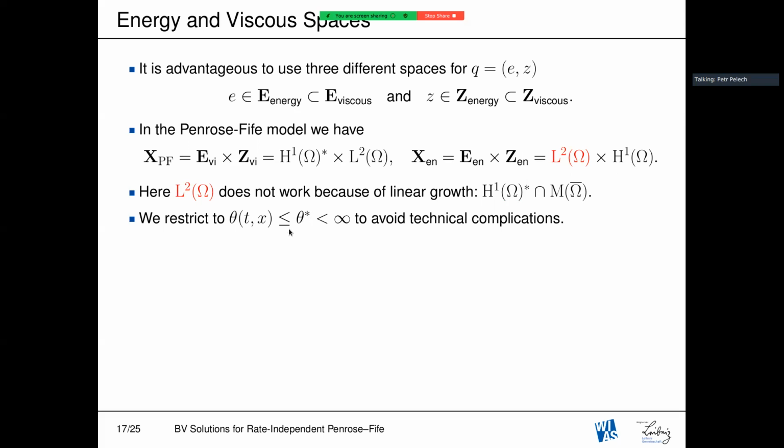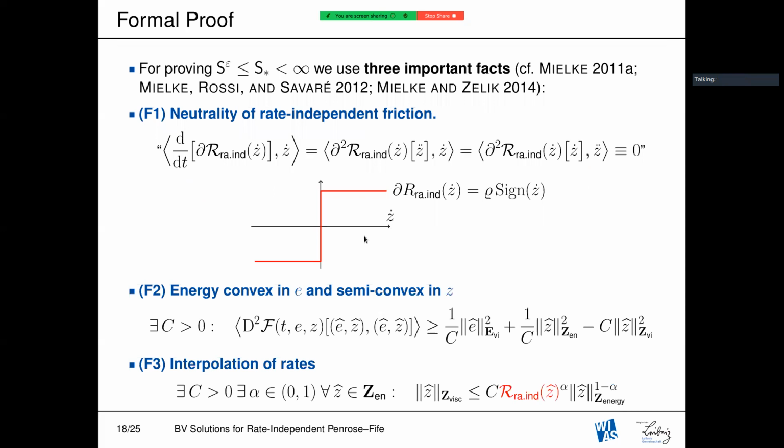So there is some theta star, if you have, of course, nice initial conditions, and then the linear growth at infinity is not seen. It doesn't make a problem. Yeah, and improving the bound of the arc length.